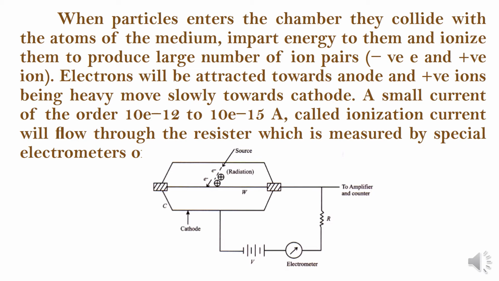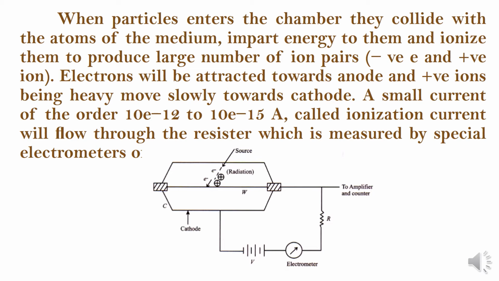That means in gas-filled ionization detectors, we allow the radiation to enter the chamber. In the chamber, ionization of the atoms takes place. As a result, we get a large number of electrons and ion pairs.